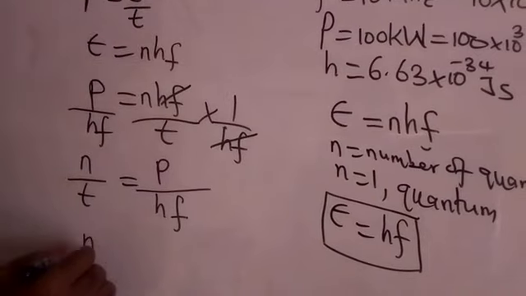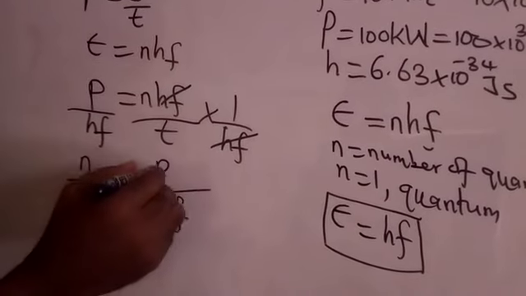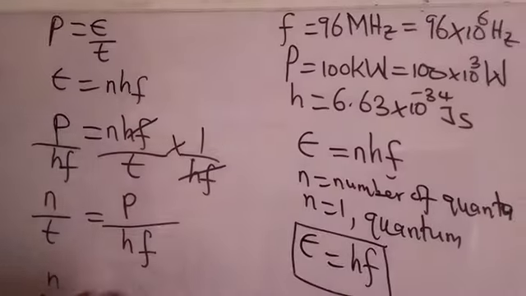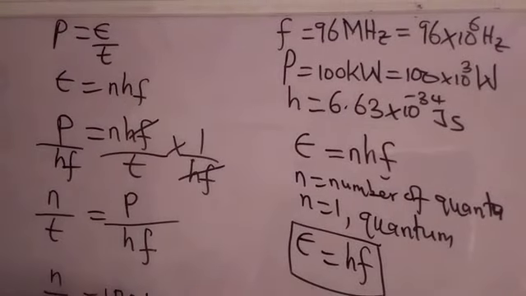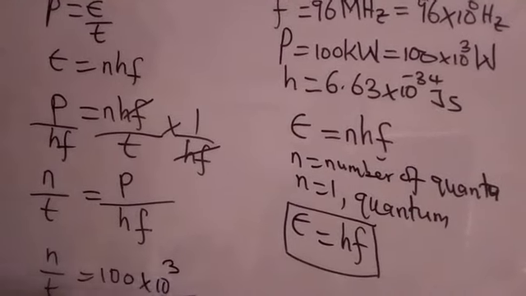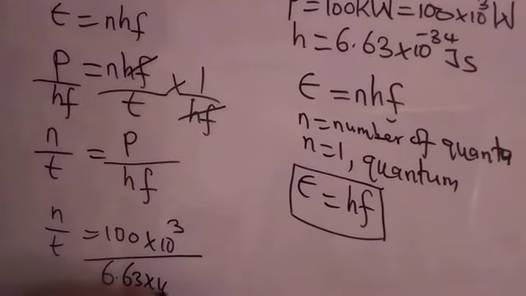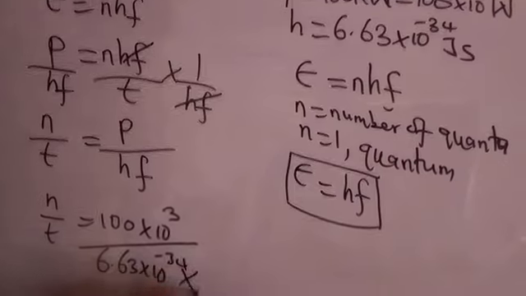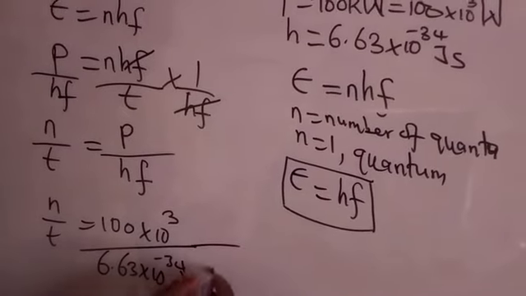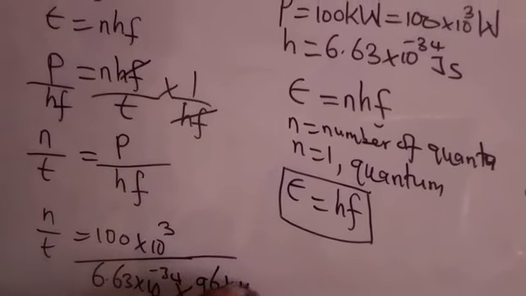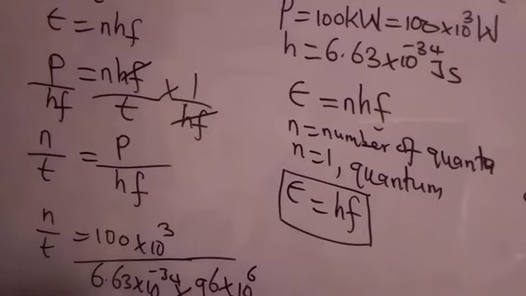And if we substitute values, we have power as 100 times 10 raised to the power 3, divided by Planck's constant, 6.63 times 10 raised to the power minus 34, times frequency, 96 times 10 raised to the power 6.